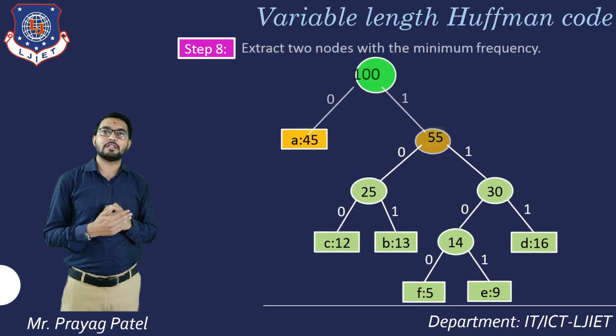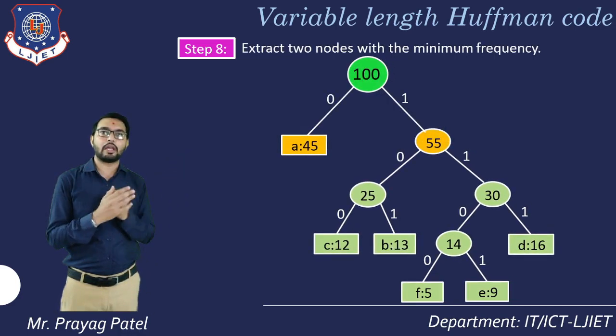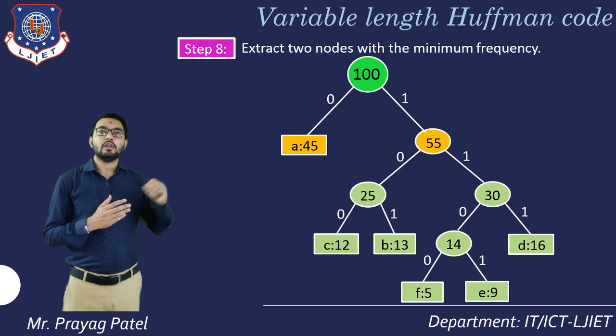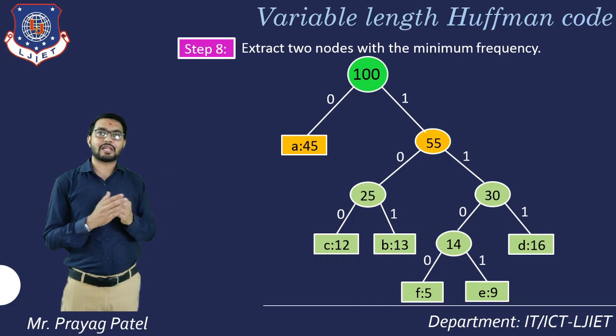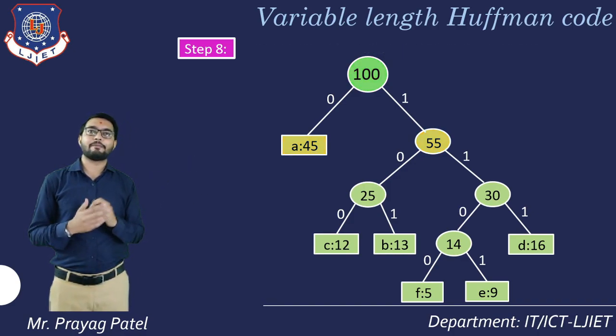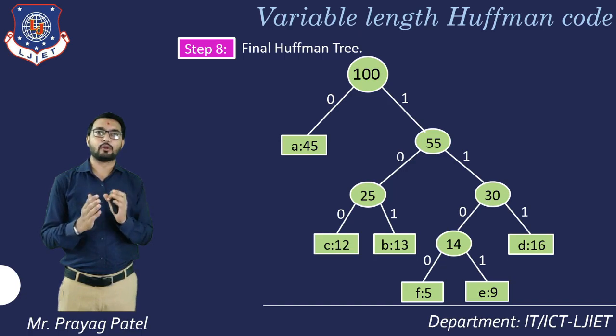The combining of these two nodes gives a total of 100. First 45 and next 55. Now the value assigned to the left child is 0, meaning the A code is 0, and 55 is the 1 part. So consider this tree as the final tree for the Huffman code using variable length.